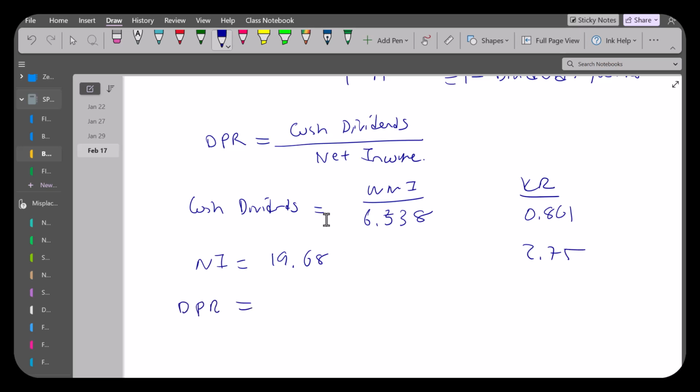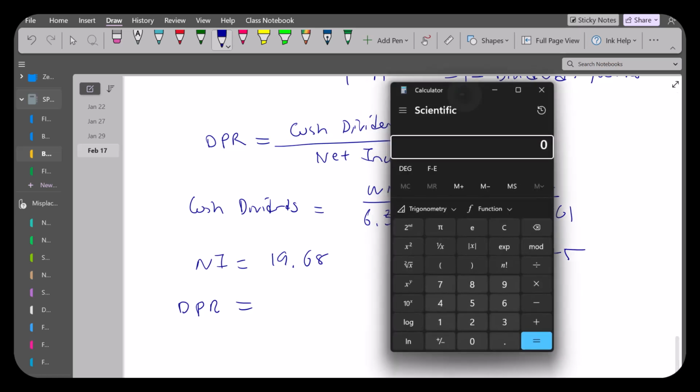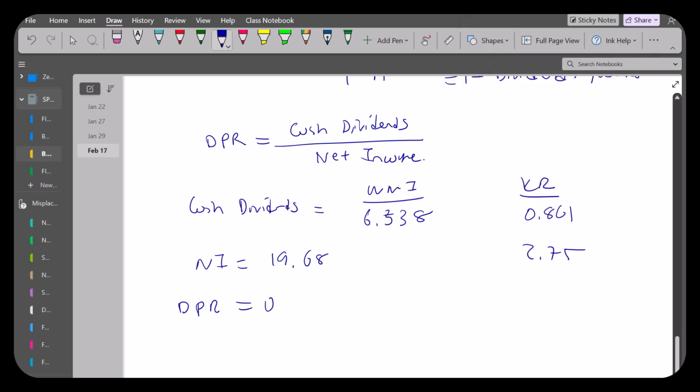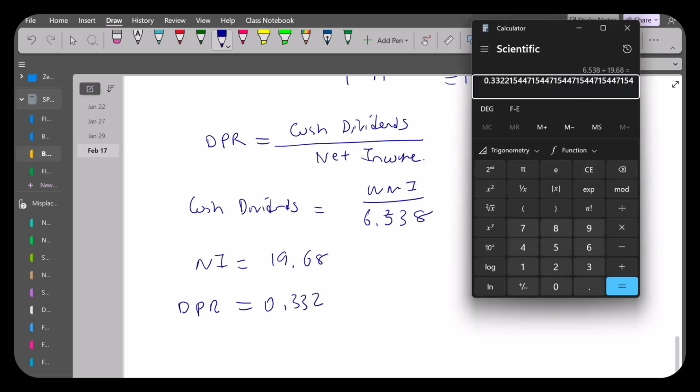So the payout ratio is going to be for Walmart 6.538 divided by that, which is 0.332. And for Kroger, come on, Kroger.